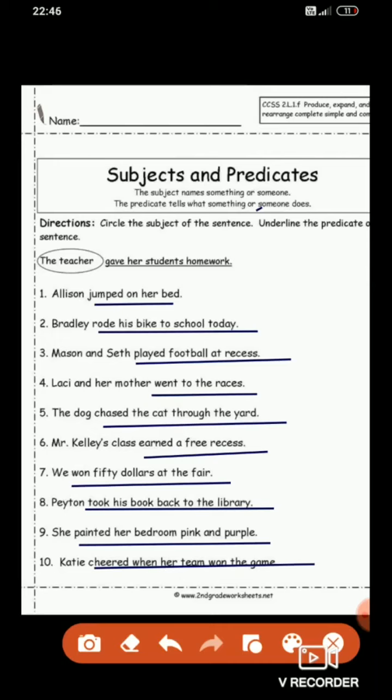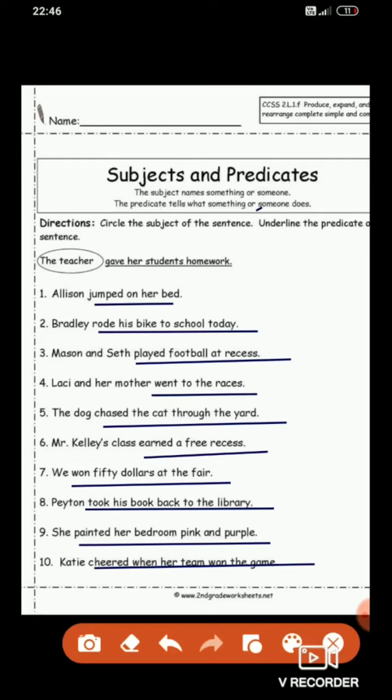Sometimes the predicate comes first and after that the subject. So don't be under the wrong impression that the subject is always first and then the predicate.